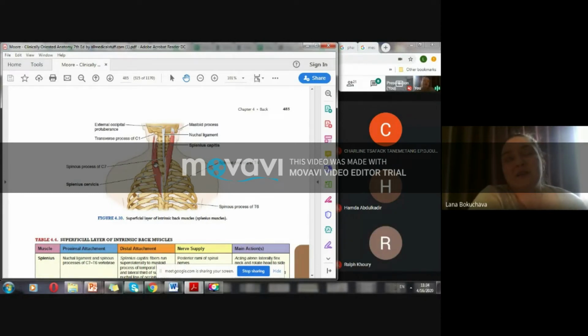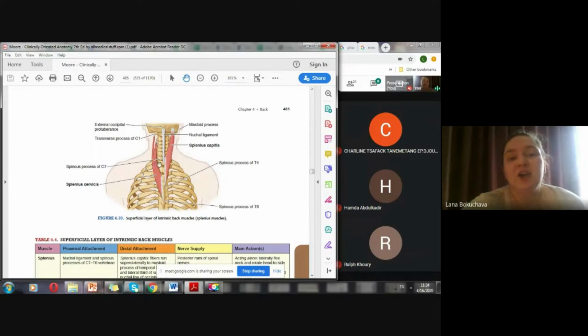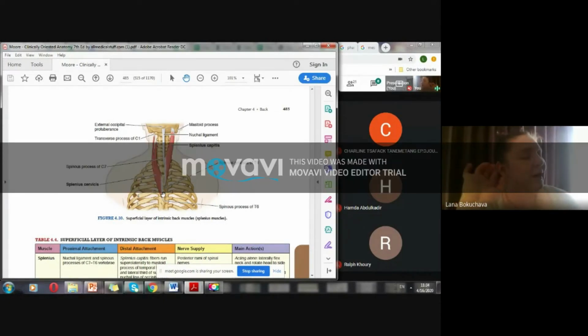In the case of its proximal attachment, it's much easier to understand, because the proximal attachment comes towards the spinous processes of the vertebrae. But here comes the knowledge about the cervical vertebrae. Do you remember?